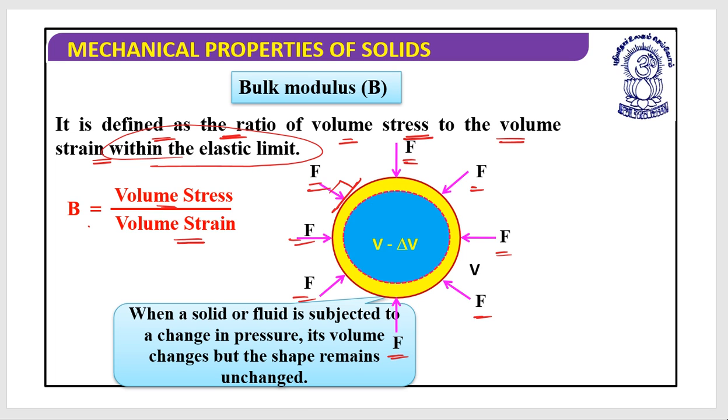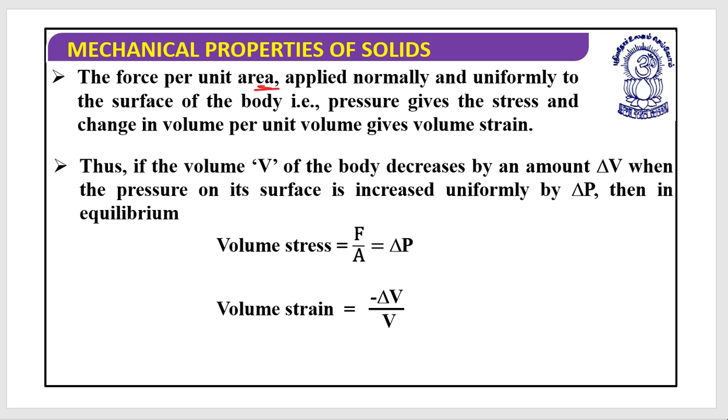When a solid or fluid is subjected to a change in pressure, its volume changes, but the shape remains unchanged. The force per unit area applied normally and uniformly to the surface of the body is the pressure, which gives the stress, and change in volume per unit volume gives the volume strain.